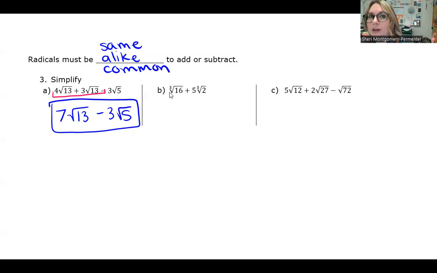If we wanted to simplify this, we would have to find something that we could rewrite to the third power. So looking in the x to the third column, can I find 16? No. But is there something that divides evenly into 16 that's in the x to the third power column? 8. 8 would work.